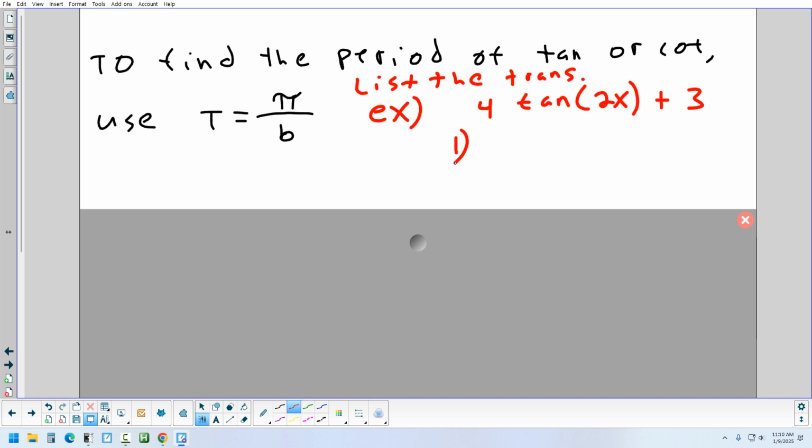The 2, the 3, or the 4? 2. Yep, the 2. And what would you say the 2 does? Horizontal stretch. Yeah, you could say it 2 ways. The 2 is going to make it more compressed. So you could say stretch by a half, which technically would mean to compress. Or you could just say horizontal compression by a factor of 2.